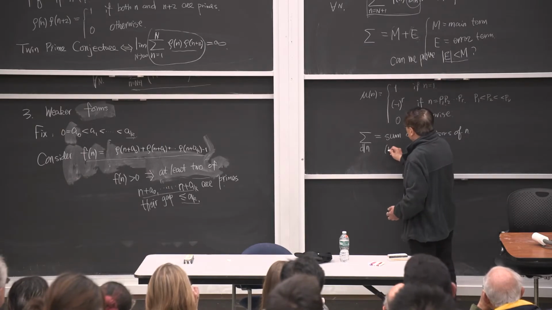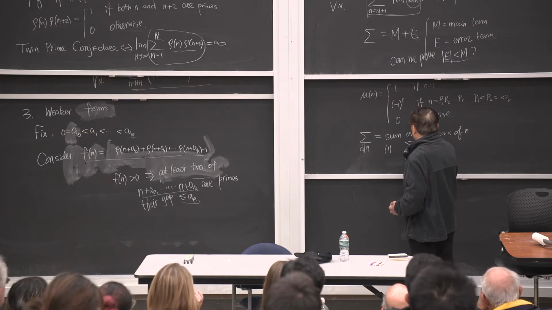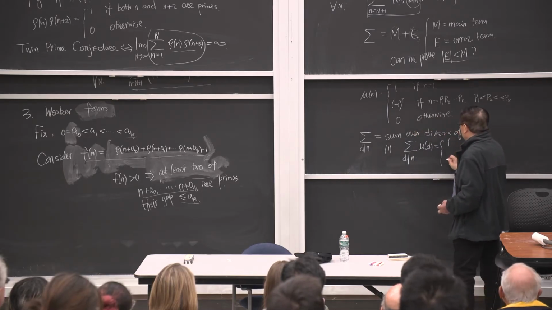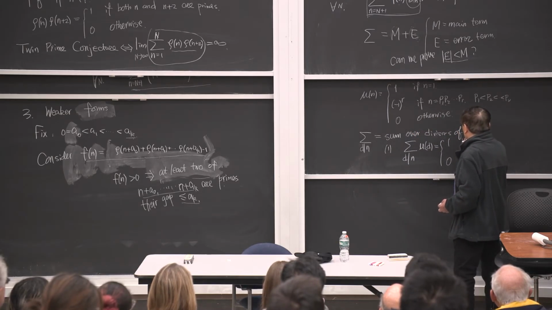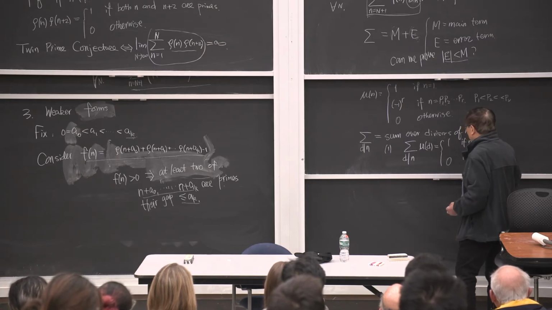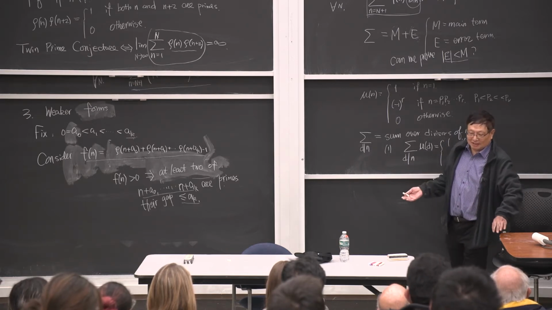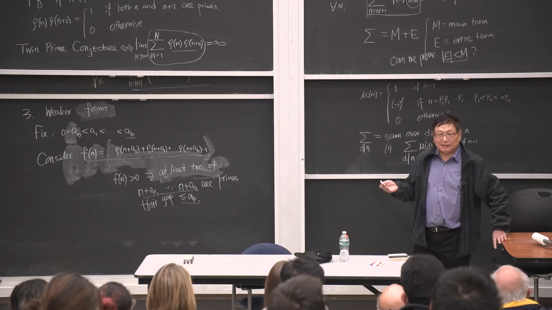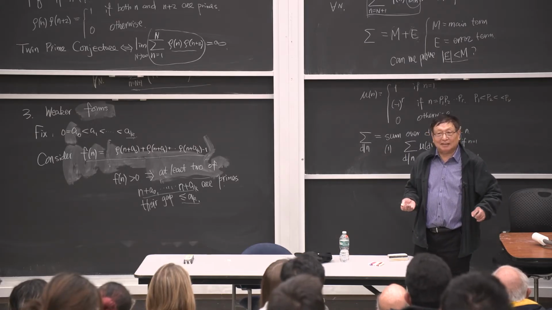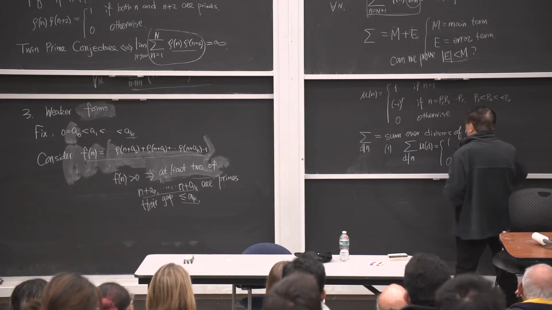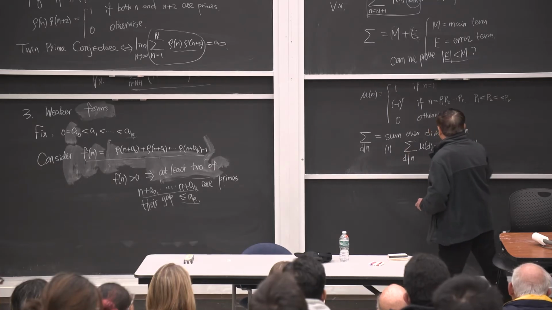One is... the second one, the Mobius function can be used to detect the prime numbers because this is all.